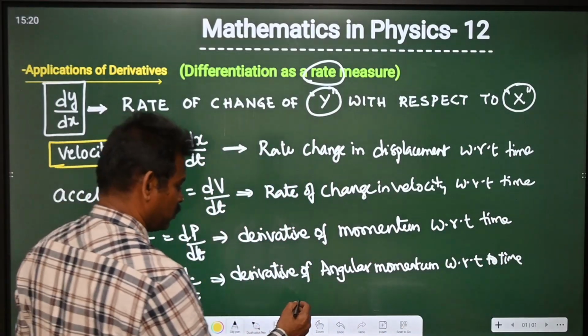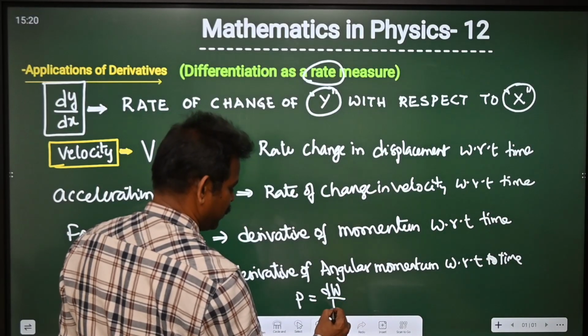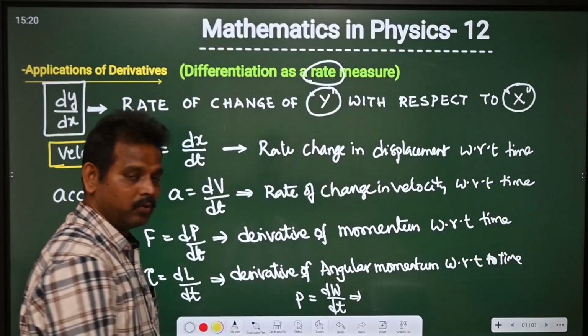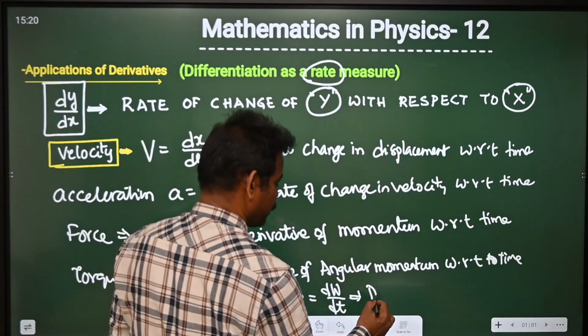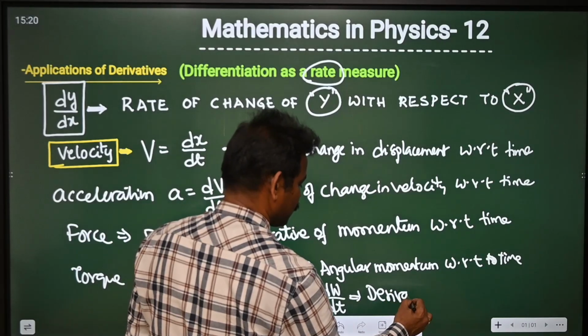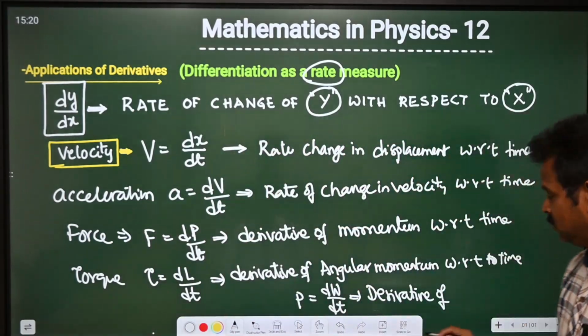Similarly, power can be written as dW by dt. Rate of doing work is called power. Derivative of work with respect to time.